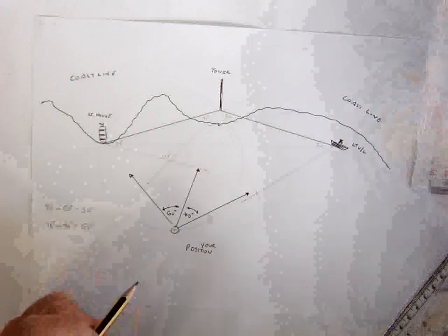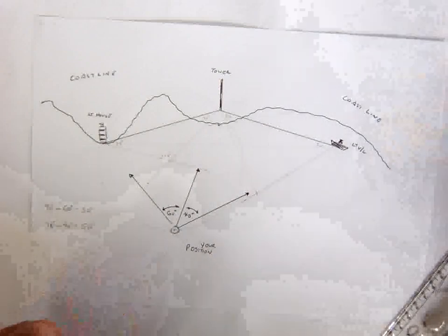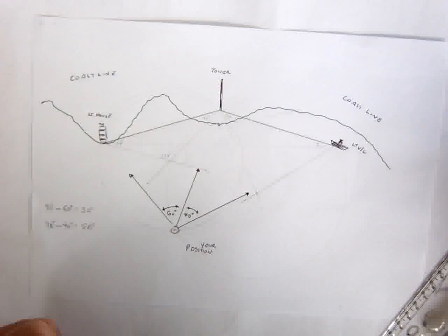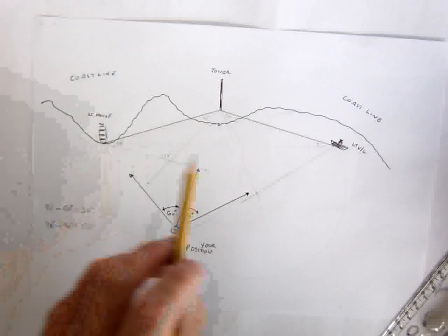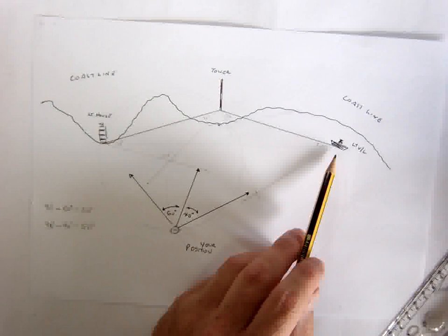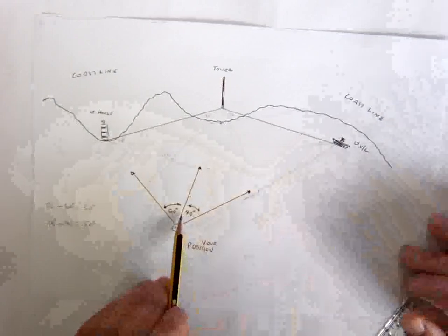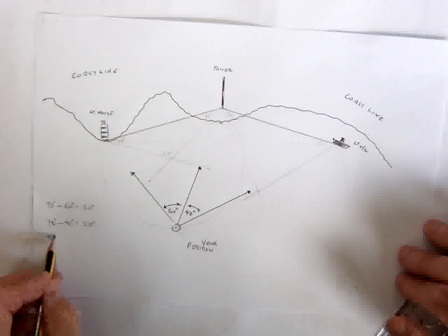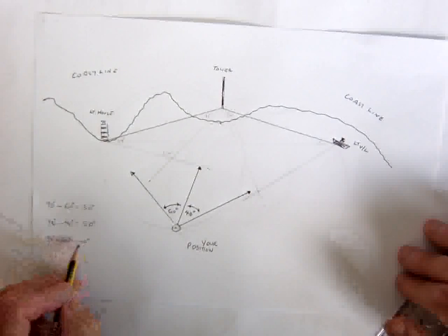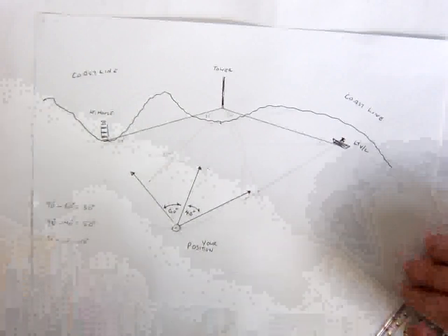Now we can also plot a third angle, and that's the angle between the lighthouse and the light vessel. That angle is 100 degrees. So if we take 90 degrees from 100 degrees, we get 10 degrees, or we could call it minus 10 degrees.